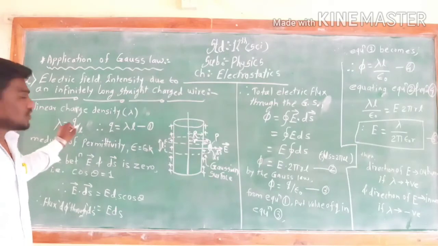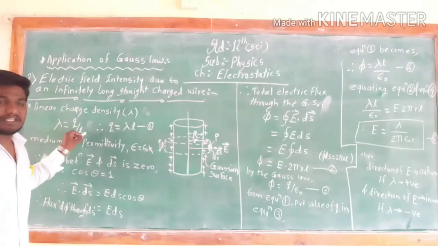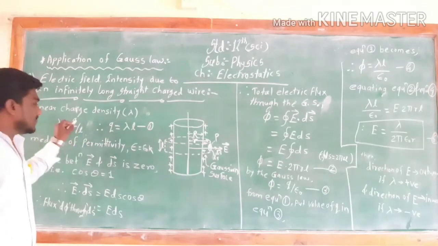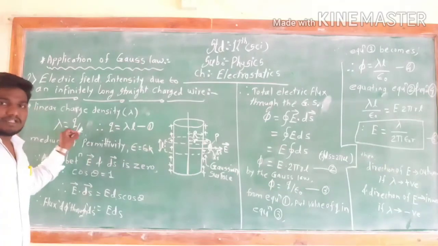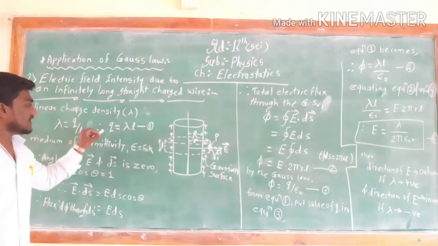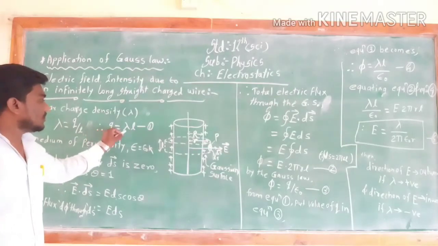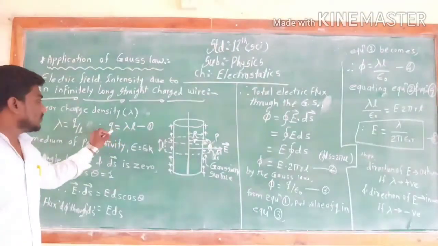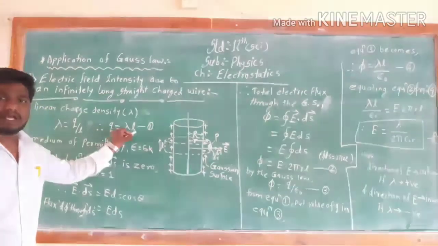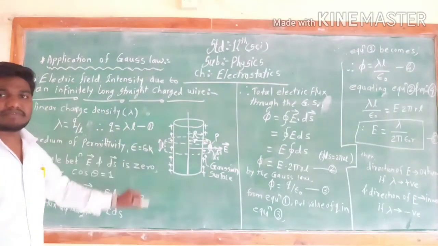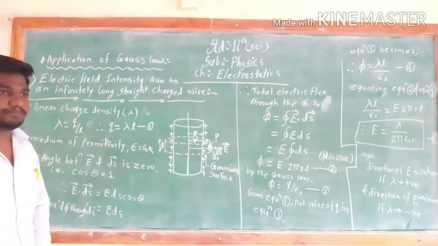From this equation, we can write the value of Q. Q is equal to lambda L. It is denoted by equation number one.